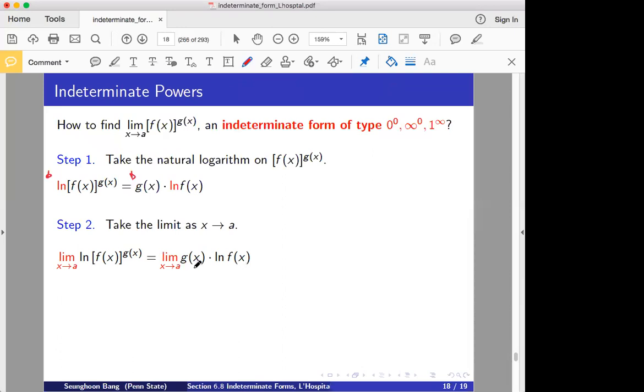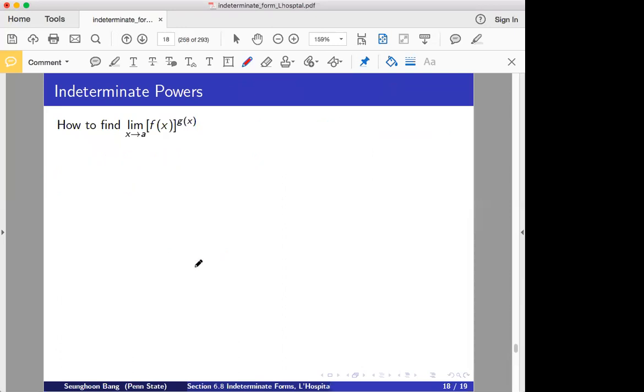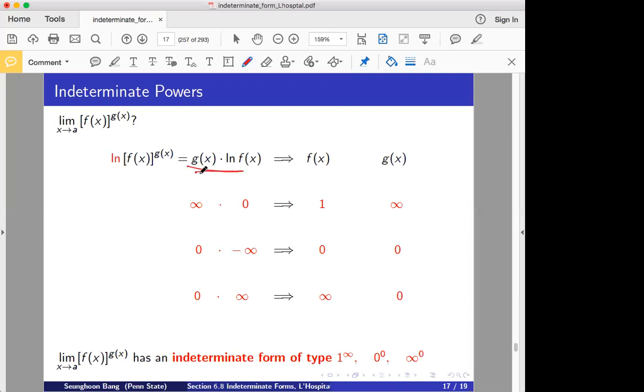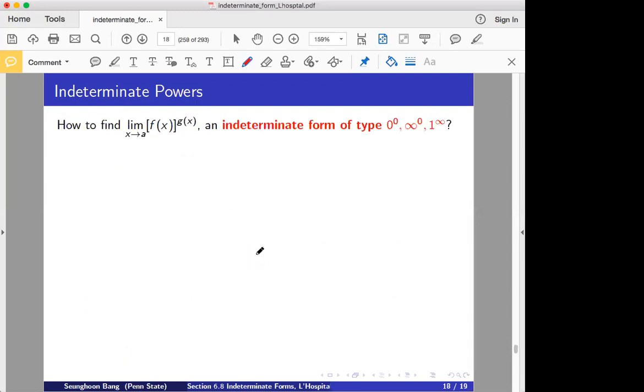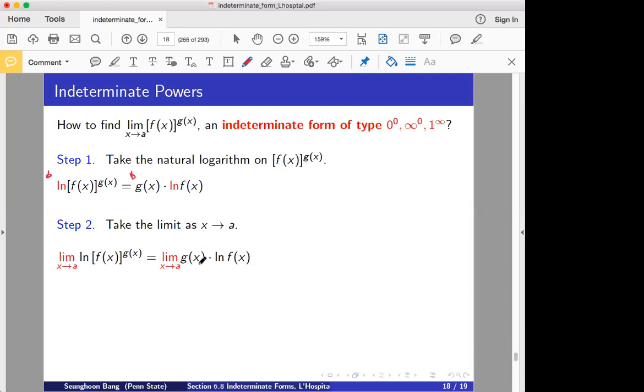In this case, from the previous result, we can change this form to always infinity times 0 or 0 times infinity. So how can you solve it? The indeterminate form 0 times infinity or infinity times 0 you can change to a fraction. As I said before, the ln function goes to the top and g(x) goes to the bottom by using the reciprocal.